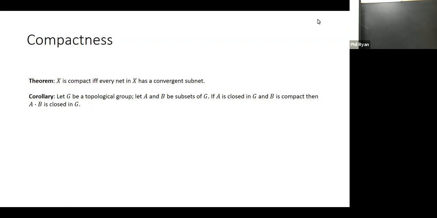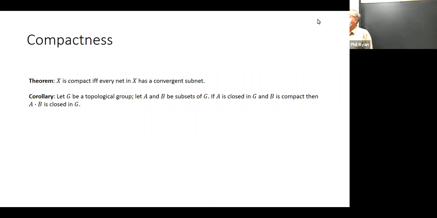So this theorem tells us that when we're talking about nets, we're talking about something real and deep, because it shows that we can think of compact spaces as having this Bolzano-Weierstrass property for nets, which is kind of what they first wanted to do in the 19th century.